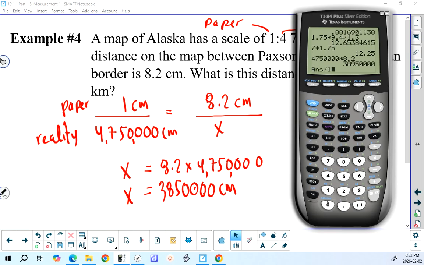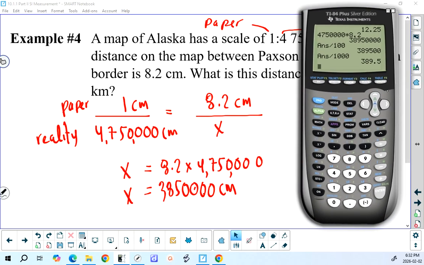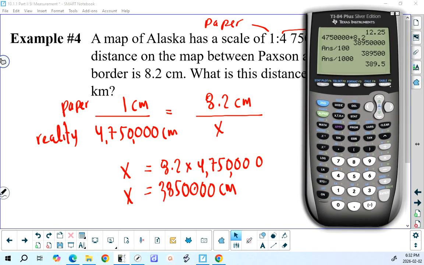In order for me to go from meters to kilometers, since there's 1,000 meters in a kilometer, I divide by 1,000. I could write out ratios for all this, but I don't need to. To the nearest kilometer, it's 390 kilometers is the answer to the question.